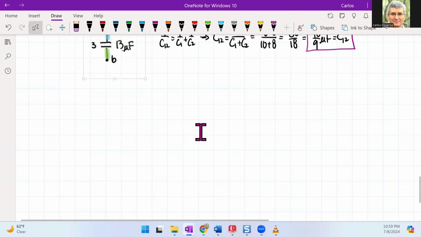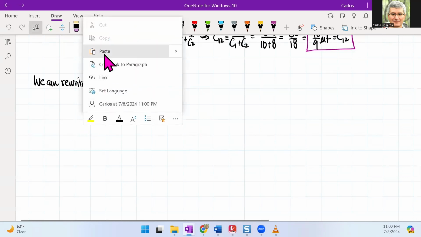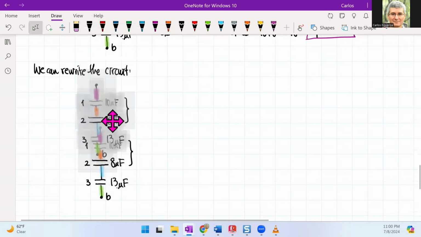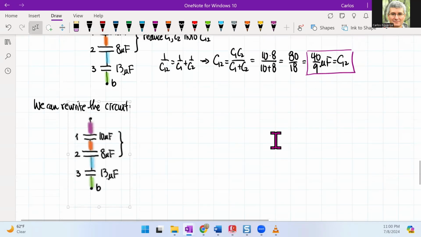Well, I reduced that combination, right? So now we can rewrite the circuit as follows. I could then come in here and paste this guy here. And we just calculated that as 40/9.